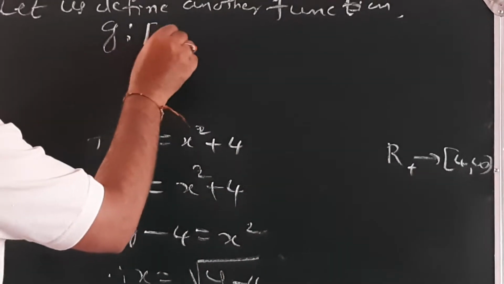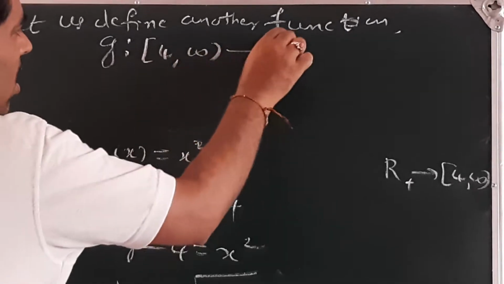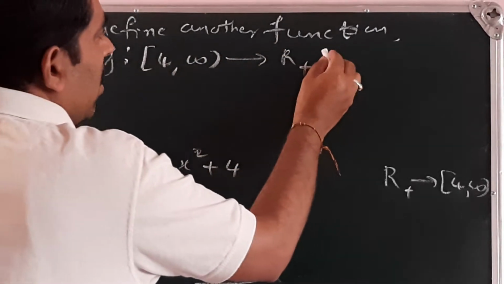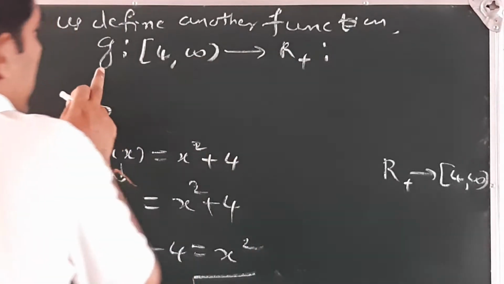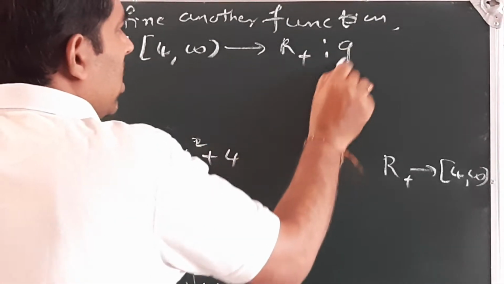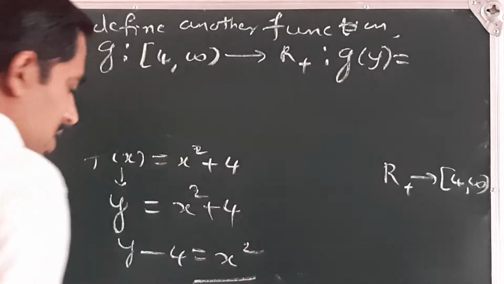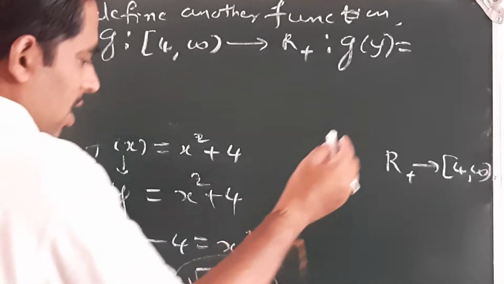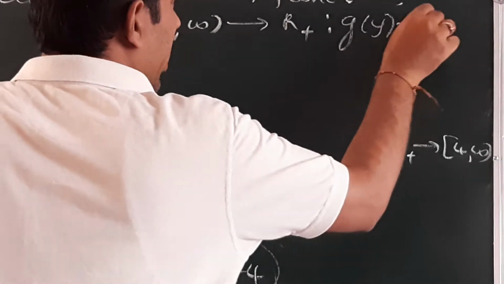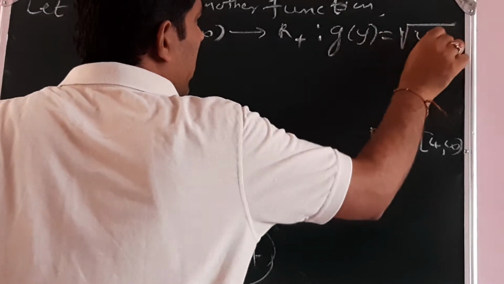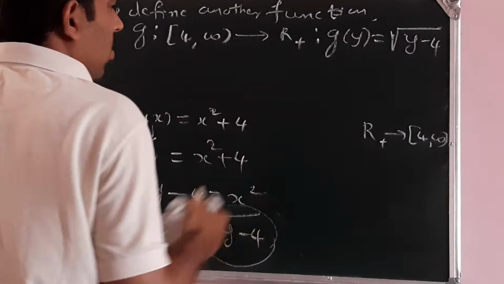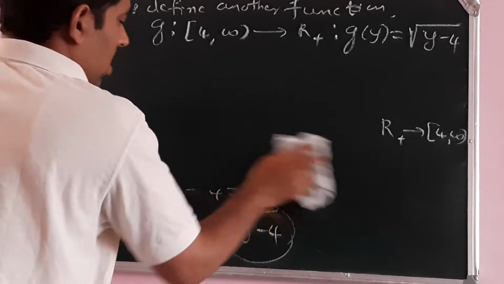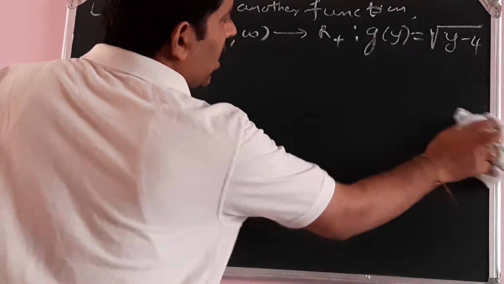So what is that function here? We have defined a function g, that is a function of y. So g of y is equal to, whatever we solved for x here, that is equal to the square root of y minus 4. So this is our function. g of y is equal to square root of y minus 4.